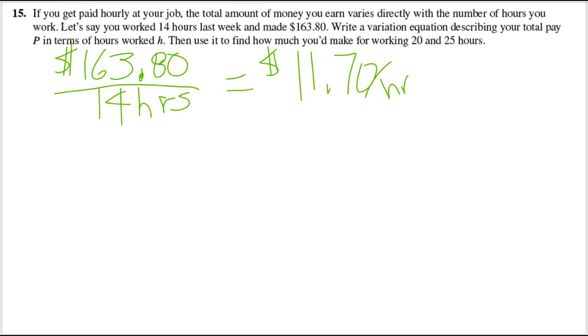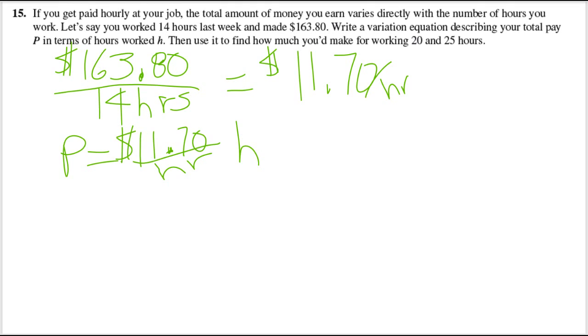That helps me remember to multiply by the number of hours. Okay. So write a variation equation describing your total pay, P, in terms of hours. I'm going to multiply $11.70 per hour times the number of hours. That's all I have to do to write the equation.